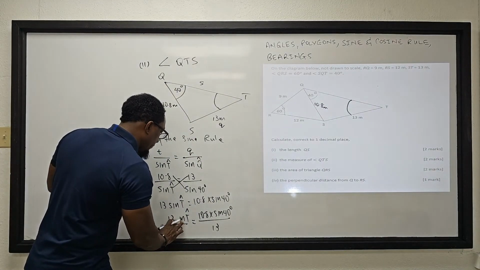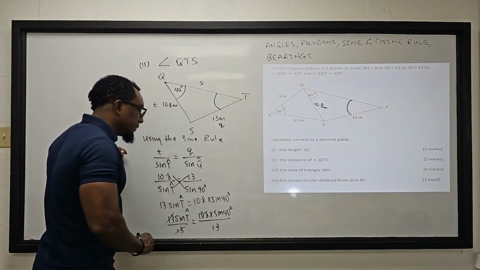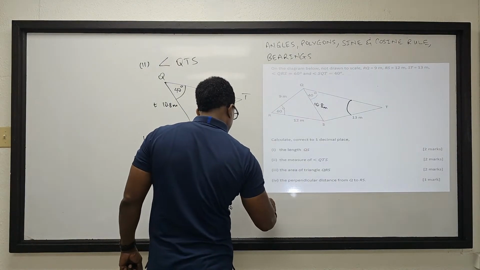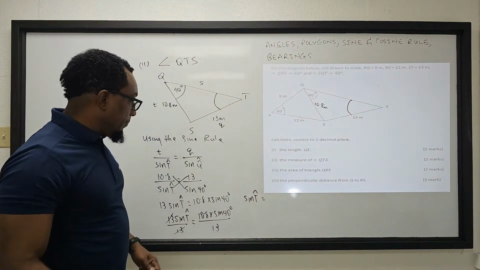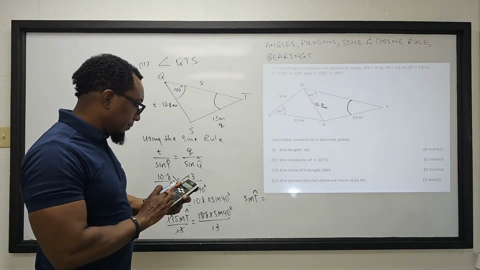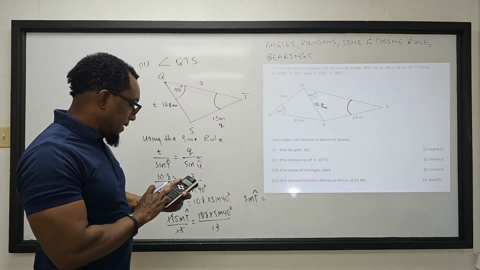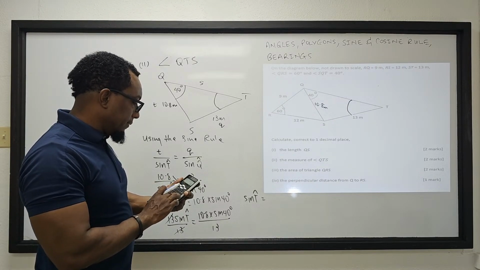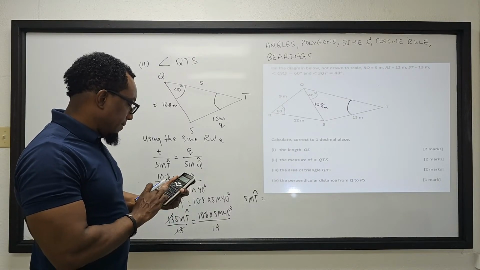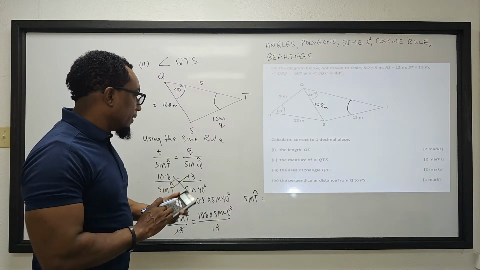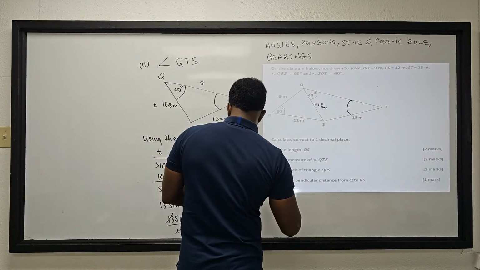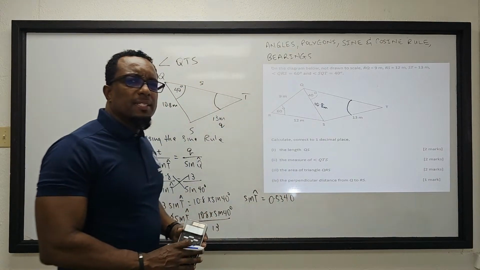So the 13s will cancel out, and you end up with sine T equals that in brackets, 10.8 multiplied by sine 40 divided by 13, right? That gives us 0.5340. Take about 4 places after the point.